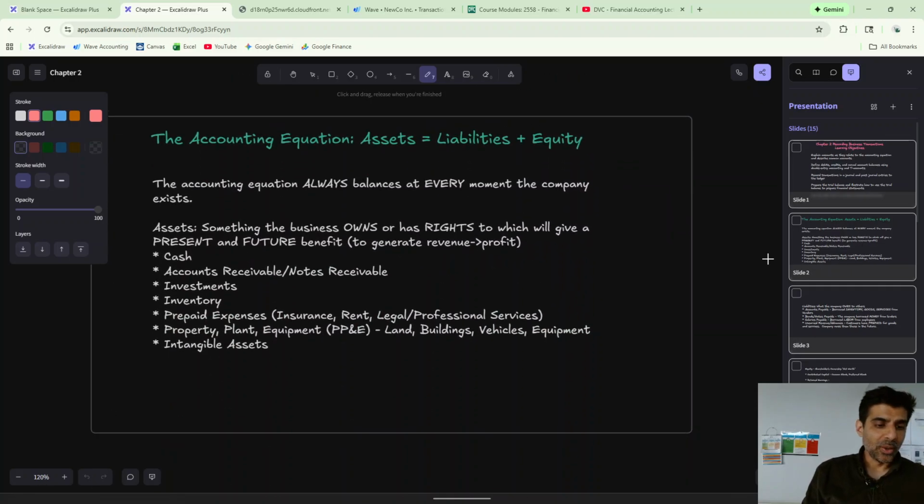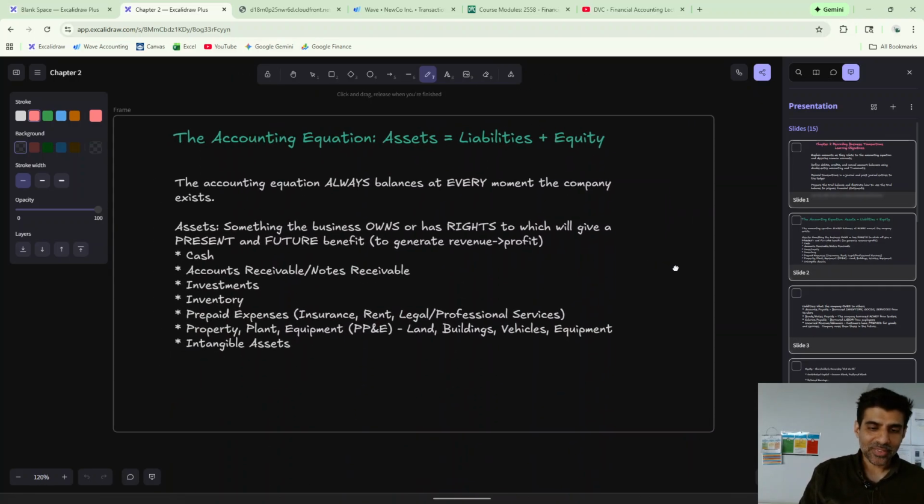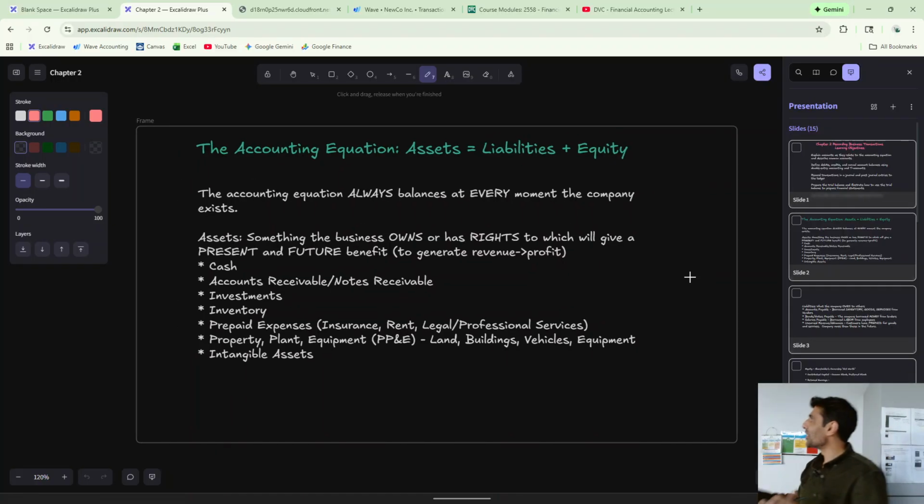Okay, so look, the accounting equation. I'll say it again. I think repetition is a good way to learn things. Assets equals liabilities plus equity. It is a symmetry that is always holding at every moment after every transaction in the course of the business. When we have our balance sheet, that report, we are just saying we're having a cutoff date, December 31st of the year.